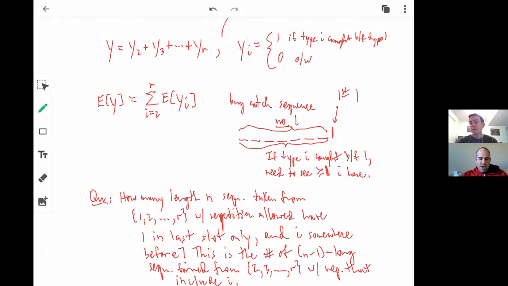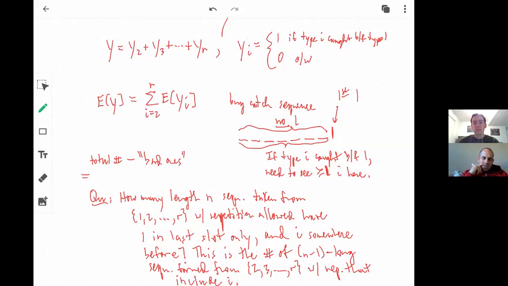So right now there are R-1 elements I'm going to build this n-1 sequence from. Essentially, it seems like you should just do the total number of these minus the bad ones.